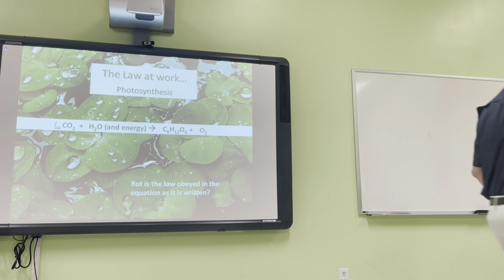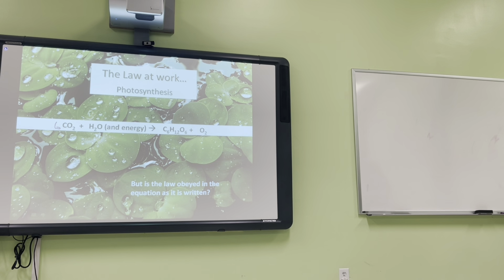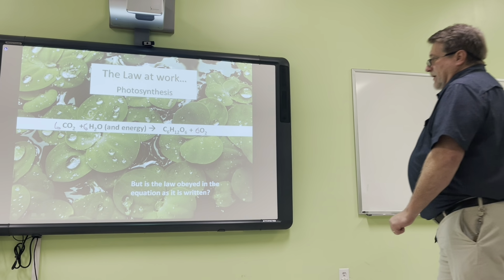All right. We're not going to spend this time trying to figure all this out, because the answer is that you actually have to put a 6 here, and you have to put a 6 here. And if you then add up the C's, the H's, and the O's, they are now balanced.